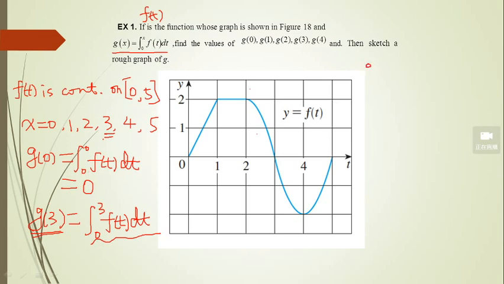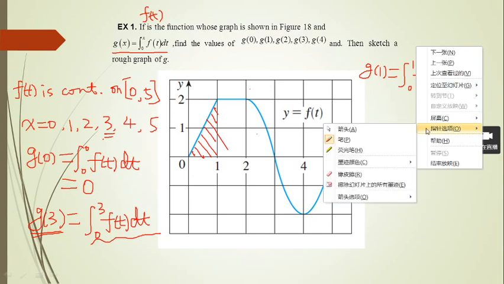Now what is g(1)? According to the definition, it's the integral from 0 to 1 of f(t) dt. So what is the area they are talking about? From 0 to 1, it's a triangle actually.